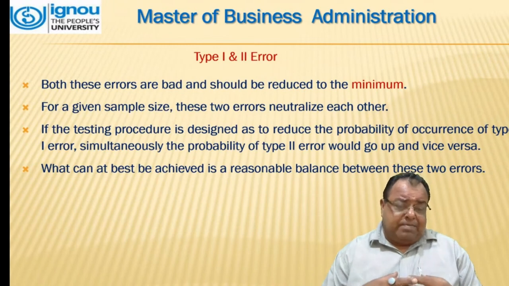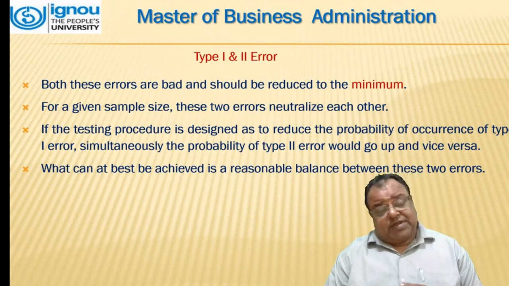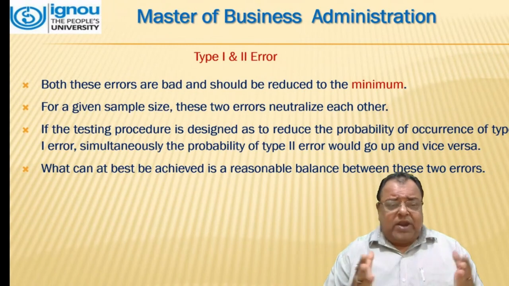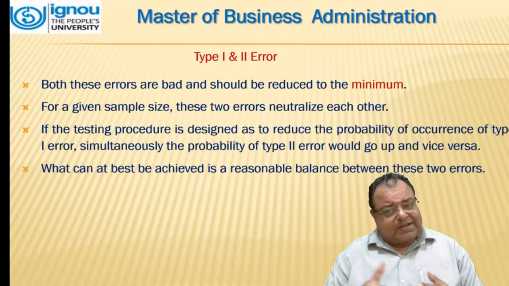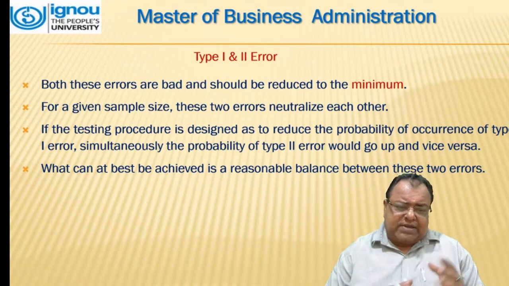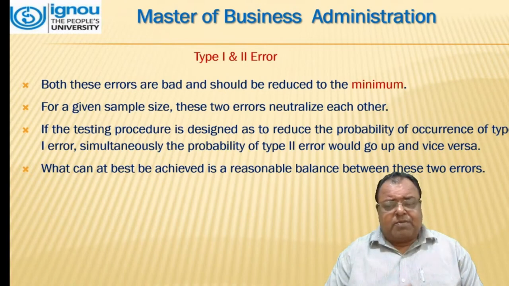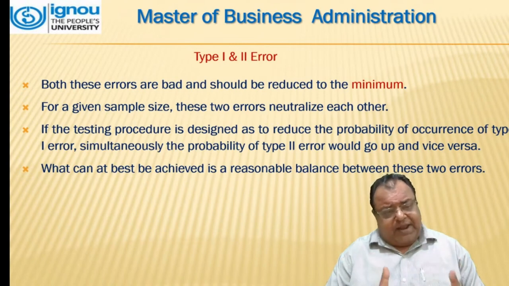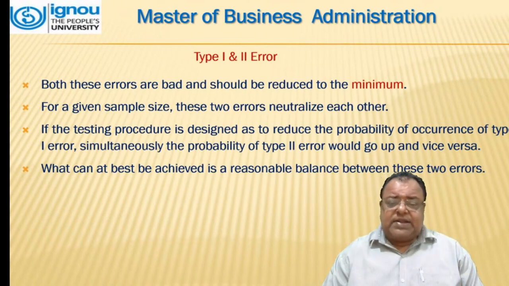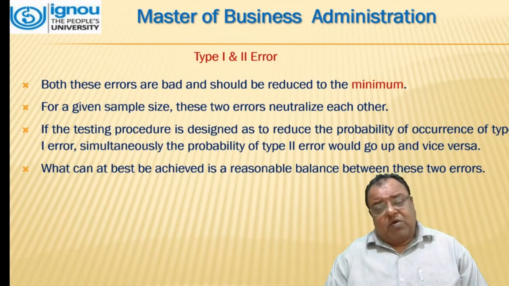Both these errors are bad and should be reduced to the minimum. For a given sample size, these 2 errors neutralize each other. If the testing procedure is designed so as to reduce the probability of occurrence of type 1 error, simultaneously the probability of type 2 error would go up and vice versa.